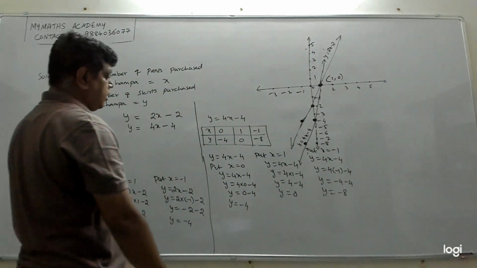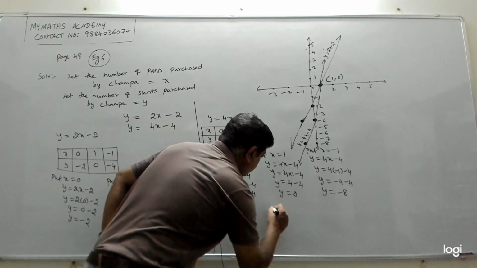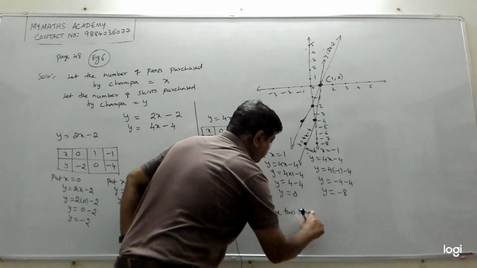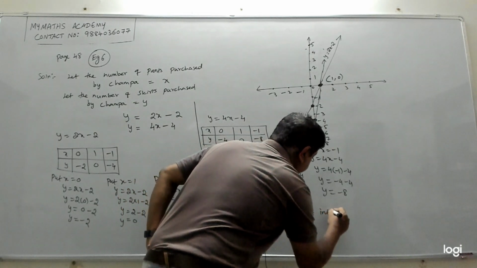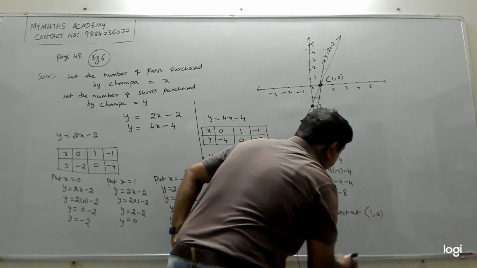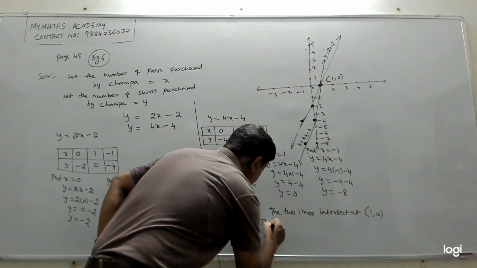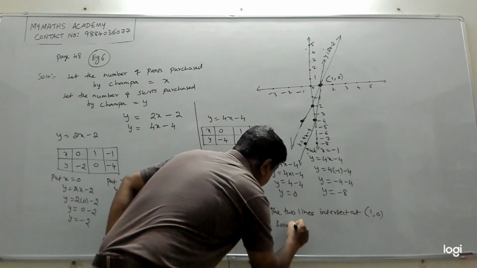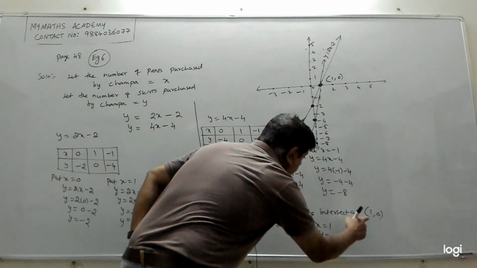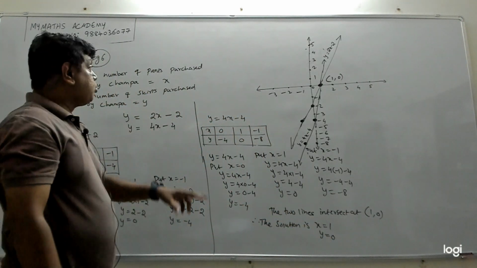So conclusion we'll write here. We'll say that the two lines intersect at 1, 0. So therefore the solution is x is equal to 1, y is equal to 0, which means x is the number of pants.